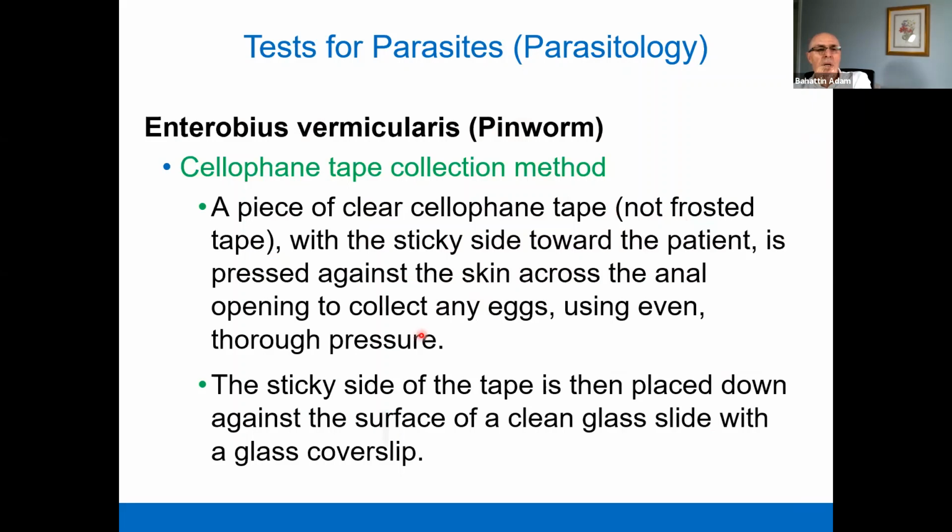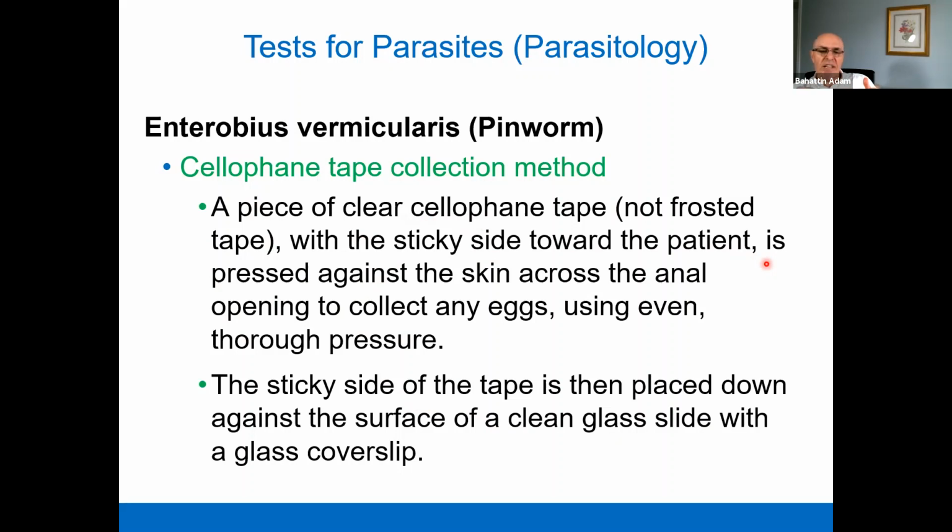Okay, now how can we identify it? The technique that we are using to identify pinworms is known as the cellophane tape collection method. A piece of clear cellophane tape with the sticky side toward the patient is pressed against the skin across the anal opening to collect any eggs using even pressure.